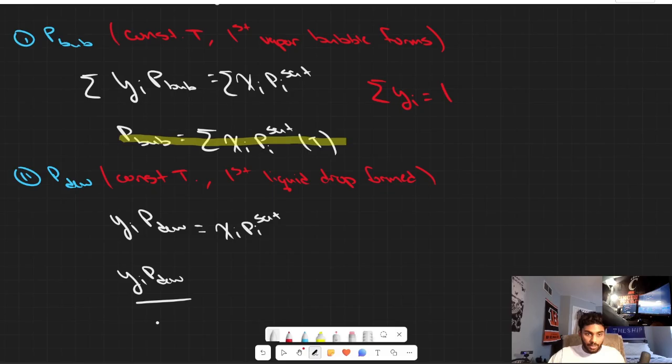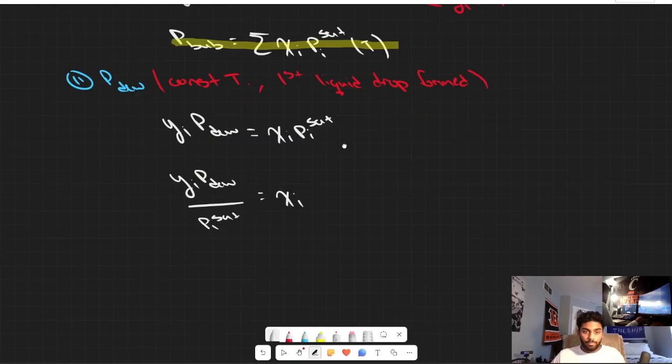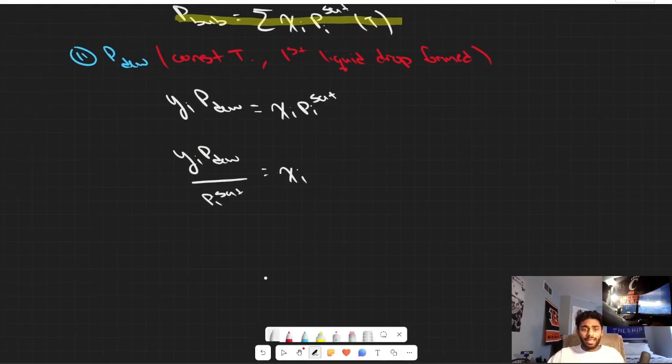So divide by P_i saturation equals the liquid mole fractions. And again, we'll take the summation of both sides. Let me draw this out a little better. And like last time, the sum of our liquid mole fractions has to be equal to 1. So we kind of ignore the fact that we even have this term in our final equation.